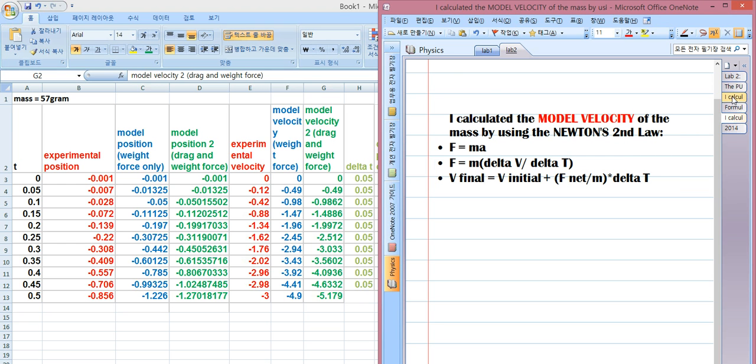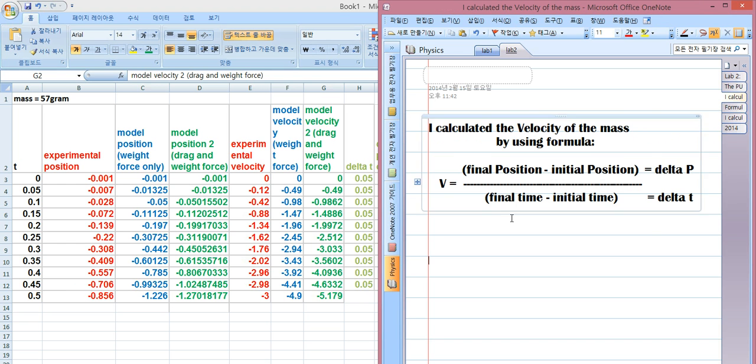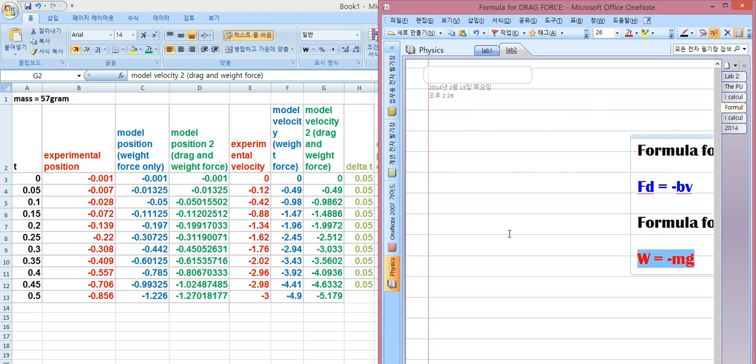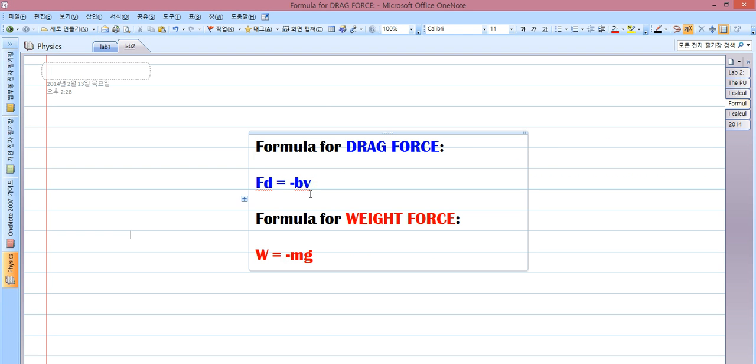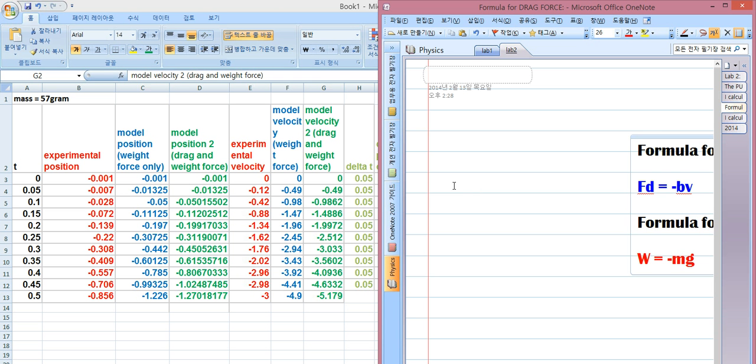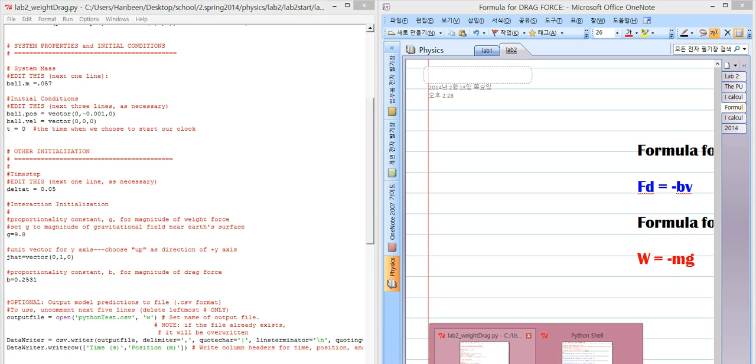The formulas for the weight force and the drag force are shown here. Drag is negative b times velocity, and weight is negative mg, g being the gravity of the earth. And here is the Python file.